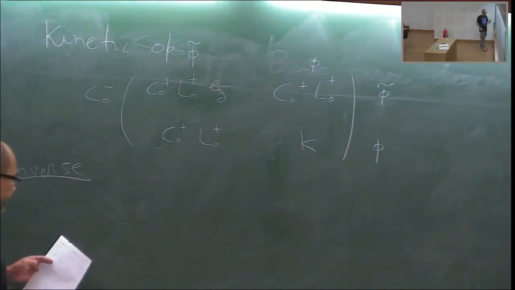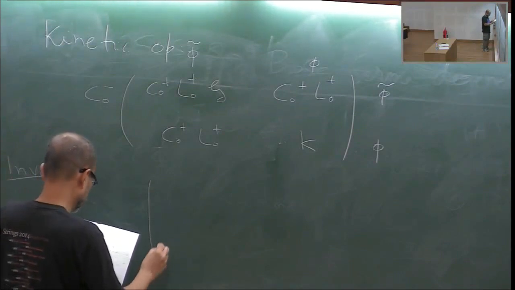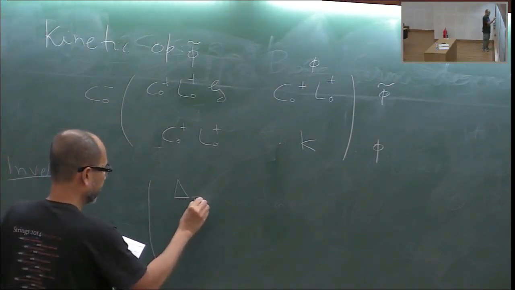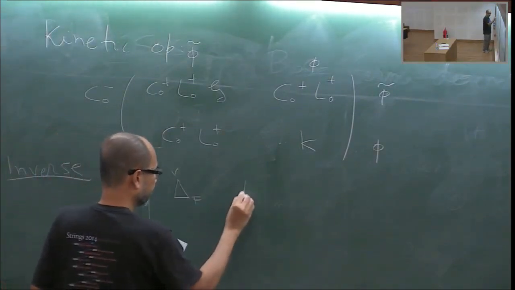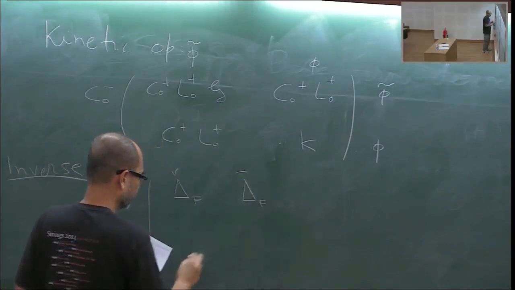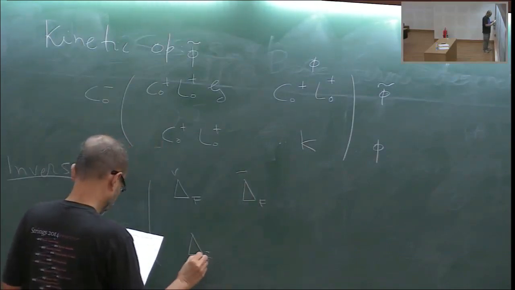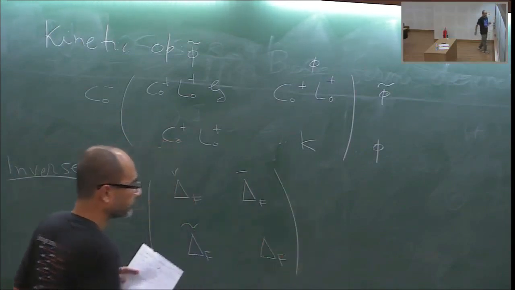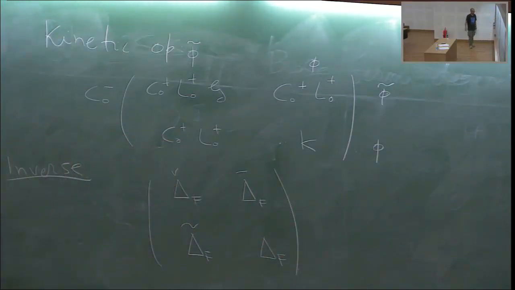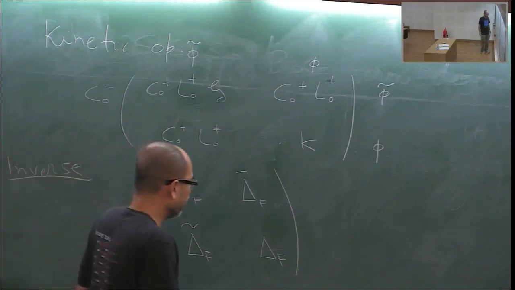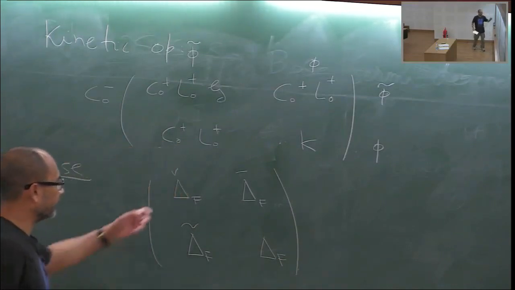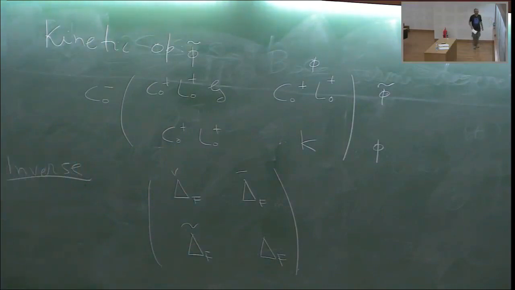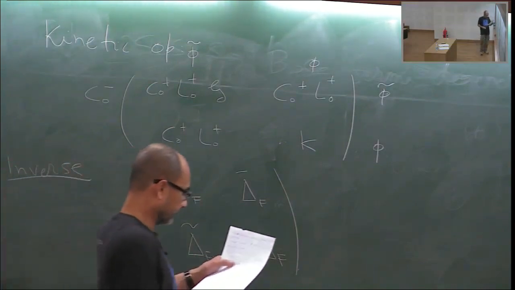Okay. And that typically has the following structure. Let me write it down: delta f check, delta f bar. Okay. So you can find all of these operators. I'll just write this one because this is the relevant one. Okay.